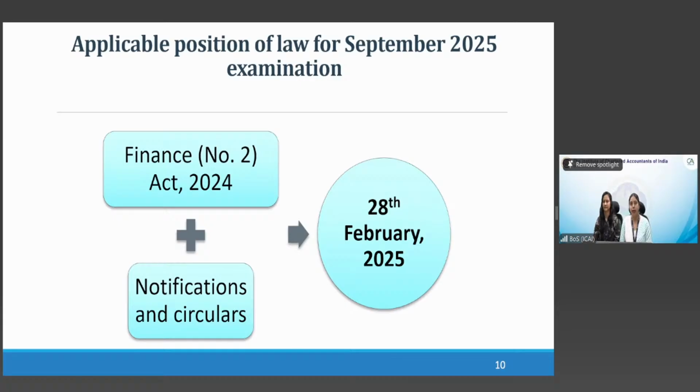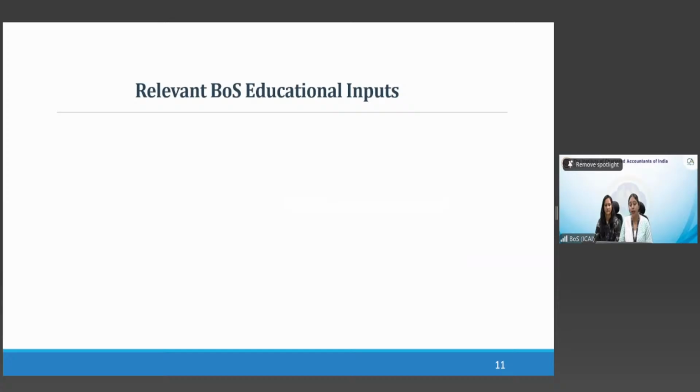In May exams they were not applicable. So in the September examination, so that you can get an idea of those amendments and their application, we have incorporated amendment based questions based on FA 2024. So you have to answer the question in the exam based on Finance Act 2024 as well as notifications and circulars up to the cutoff date, the latest position of law.